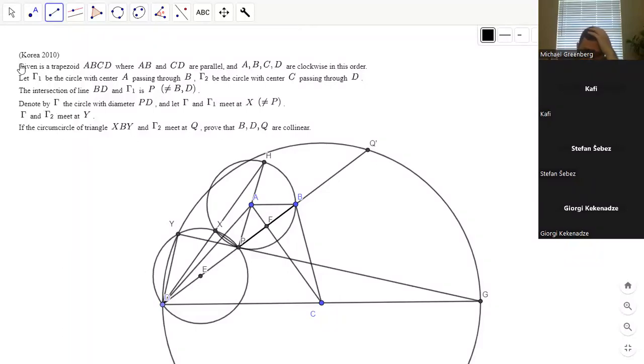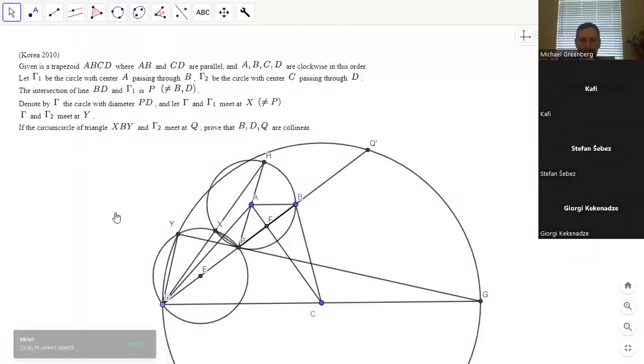And the DYQ prime is going to be 90 plus Q prime YG. Well, actually, we have 90-degree angles. I forgot.